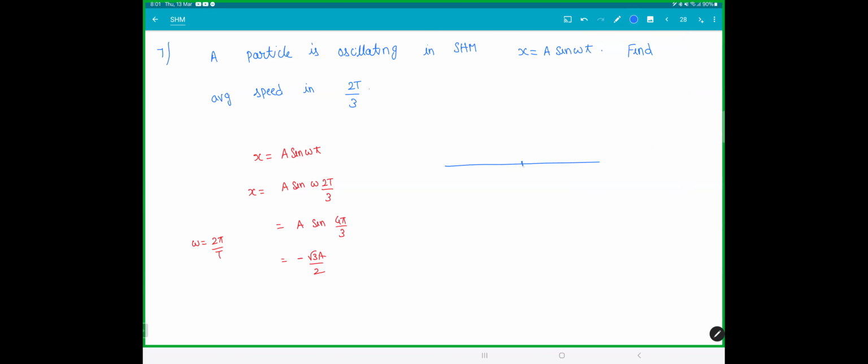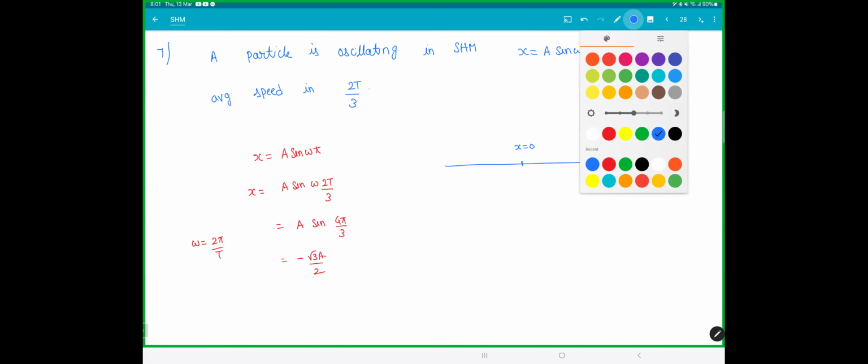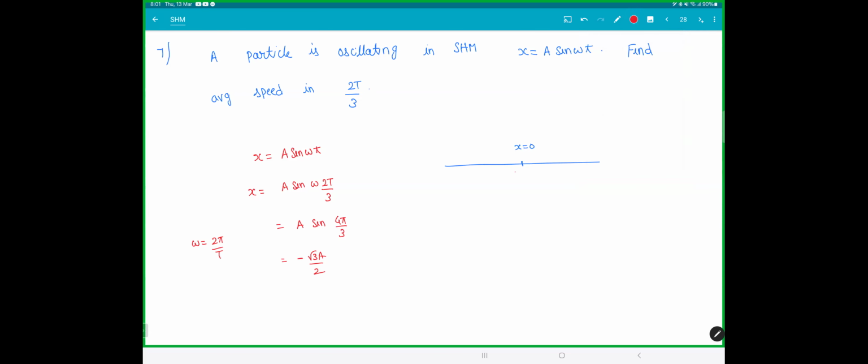Now you need to ask yourself, you started from here. At t equals 0, you're here. When you went to the extreme position, the time was T by 4. Then when you took a turn and came back, the time was T by 2. From here, you reached here, x is equal to minus root 3 a by 2, and the time was 2T by 3.